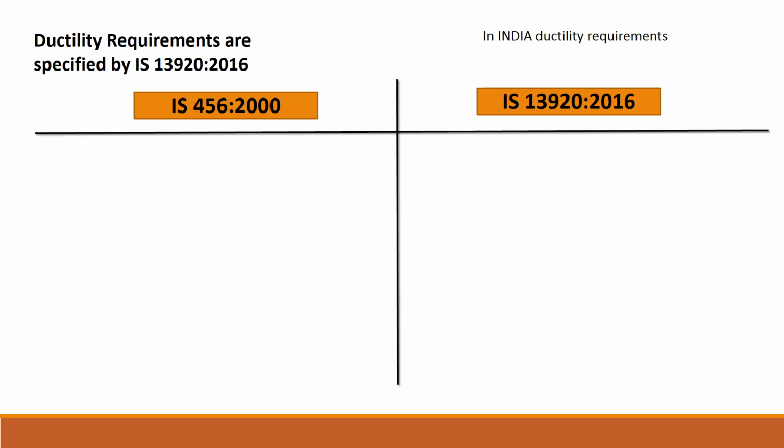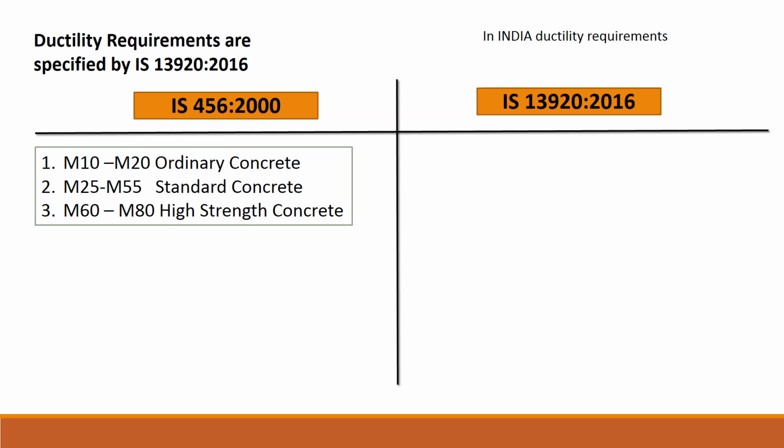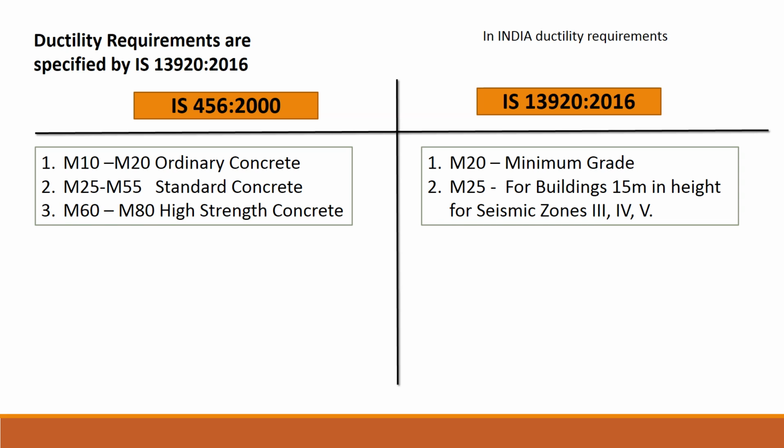In IS 456, the concrete grade used is M10 to M20, whereas in IS 13920, the minimum concrete grade that could be used is M20. To clarify, M10 to M20 in IS 456 is ordinary concrete, M25 to M55 is standard concrete, and M60 to M80 is high strength concrete.